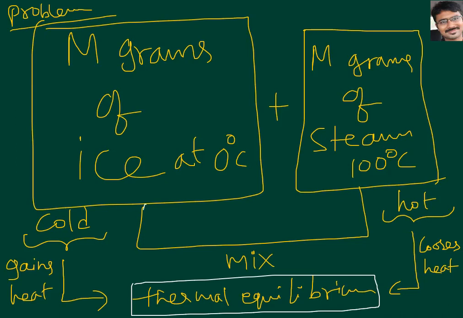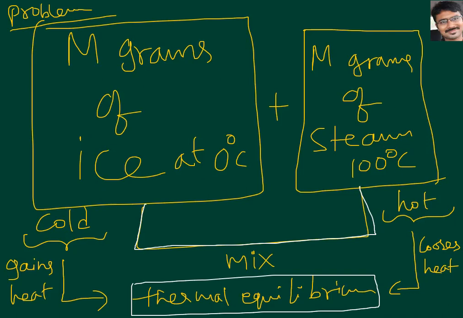So when ice and steam are mixed, the hot body loses heat energy and the cold body gains heat energy, and both acquire the same temperature. We have to see what temperature they will acquire, and in different situations we are going to observe this, with m grams of ice at 0 and m grams of steam at 100 when they are mixed. Let us check it out.